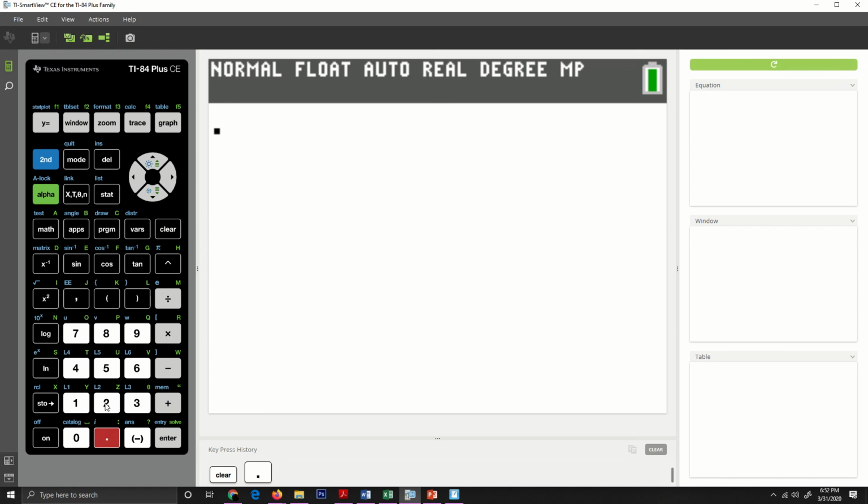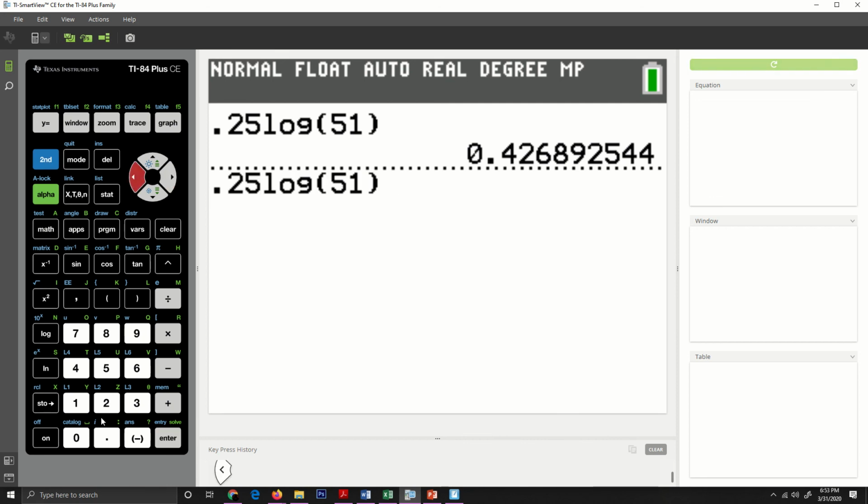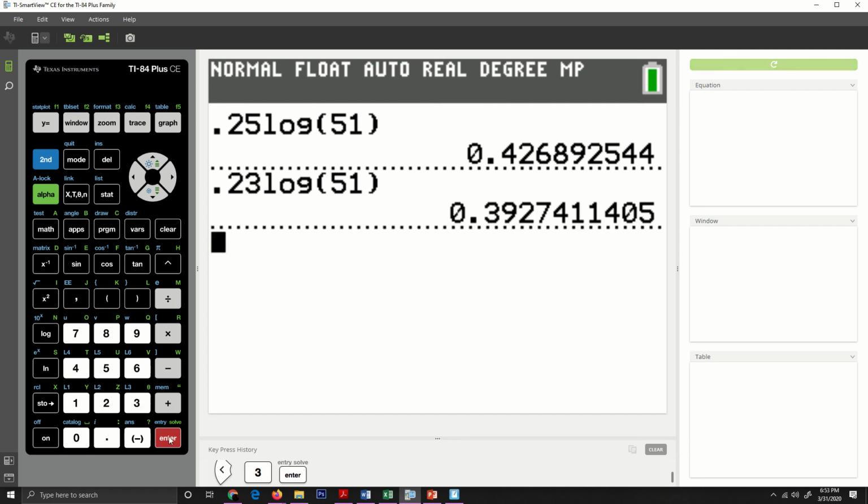0.23 log right next to the 7, and I can do 50 plus 1 in my head and make it 51. Oops, I made a mistake. It should be 0.23. So second entry brings that back up, so let's make that into a 3. There we go, enter.